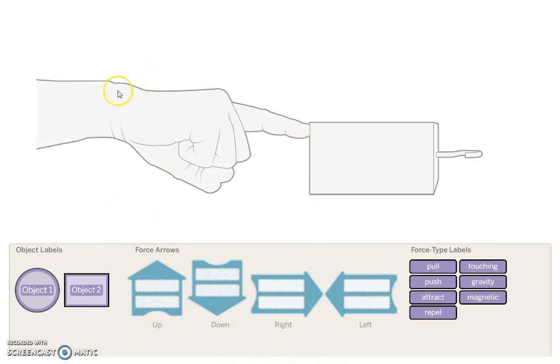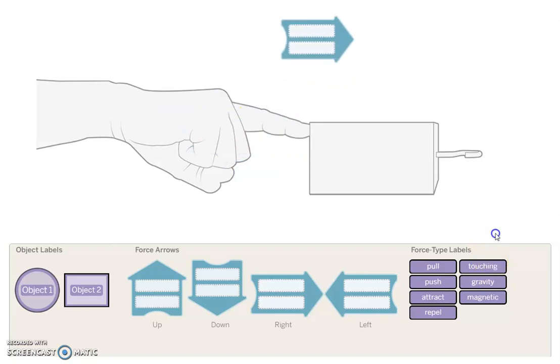So if we look, we have a hand with a finger, and the finger is on the block, and the block is being moved this way. So if we look at our arrows, what type of arrow would we use for the finger pushing the block that way? Yeah, we would put this finger, because the finger is pushing the block like this, right?